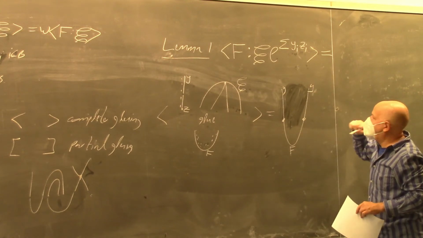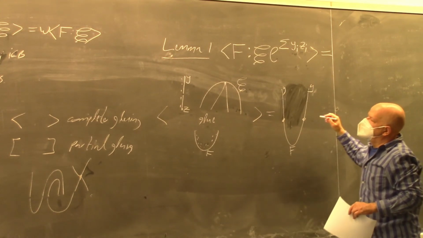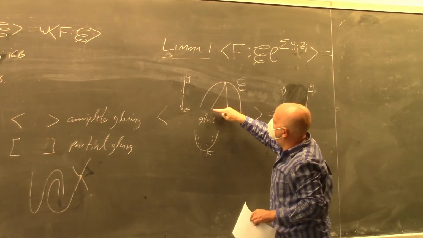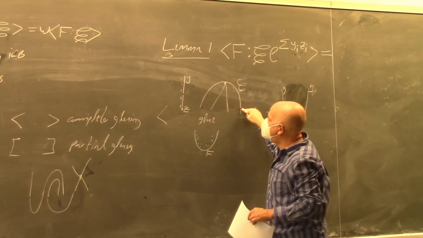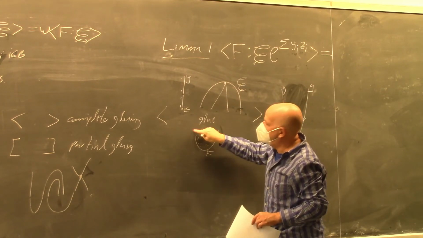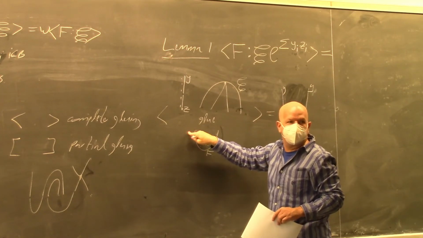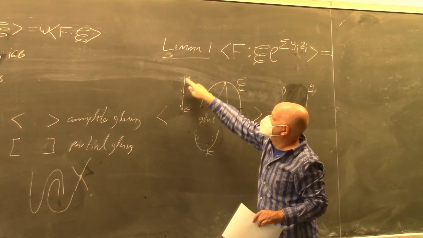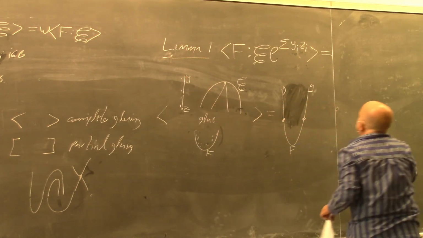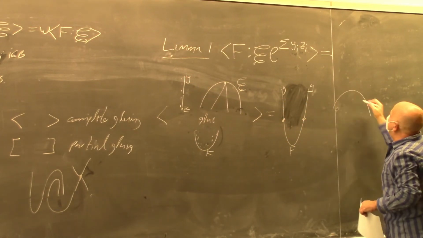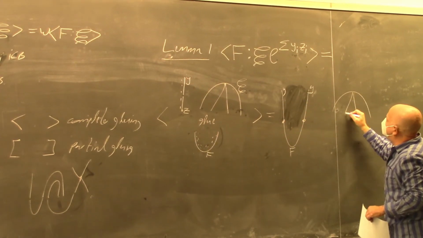Or a leg from E could be glued to an f, and then the other side of this f could be glued to a y. So you'll be getting pictures like this.